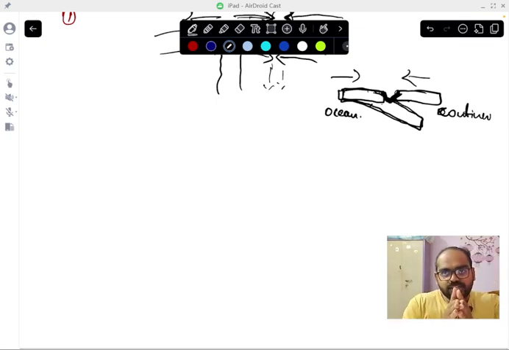If we say that the Atlantic Ocean is spreading, it doesn't mean that the Pacific Ocean is shrinking. As the Atlantic Ocean is spreading, somewhere on another ocean the oceanic crust is subsiding down, again rising up, and new oceanic crust is formed. Due to this cycle of events, the spreading of one ocean does not cause shrinking of another ocean.